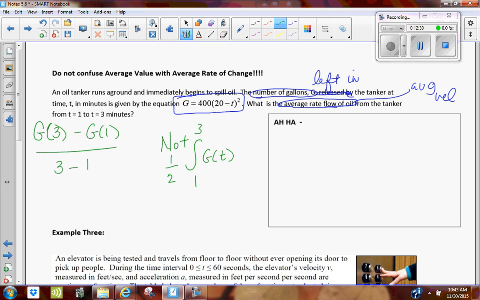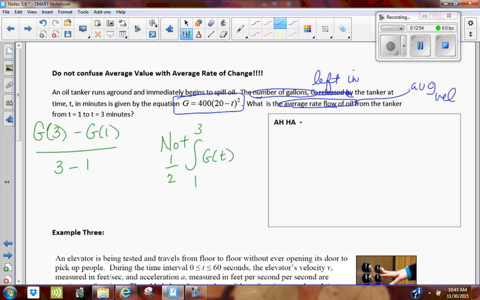But this is average value also, an integral. Okay. I guess you could think about the units, right? What's the antiderivative of G? What kind of units does that give you? Gallons, minutes divided by minutes, which is back to gallons.